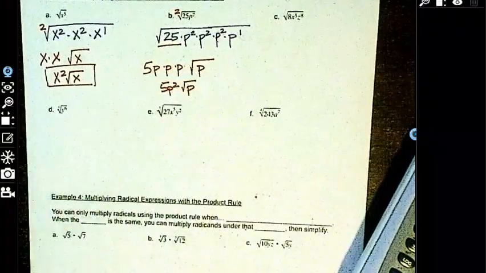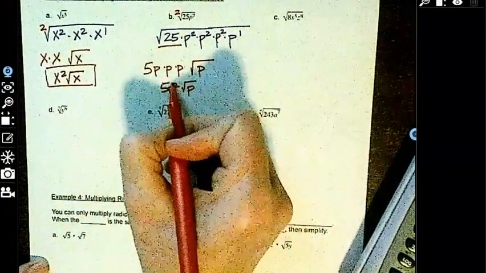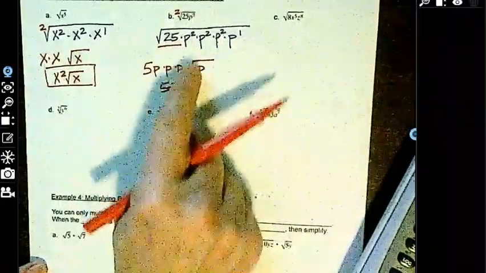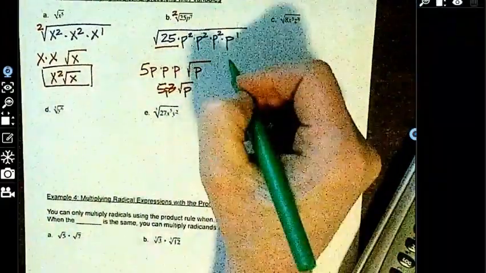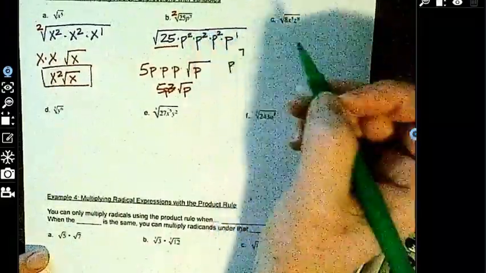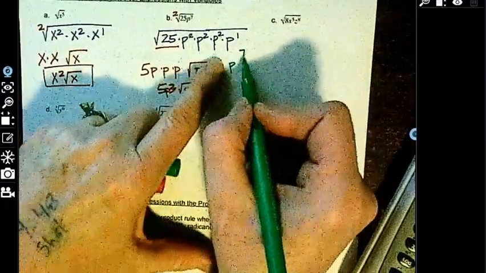Now I want you to see something. One way we can do this faster is we can take p to the 7th and divide the exponent by 2.